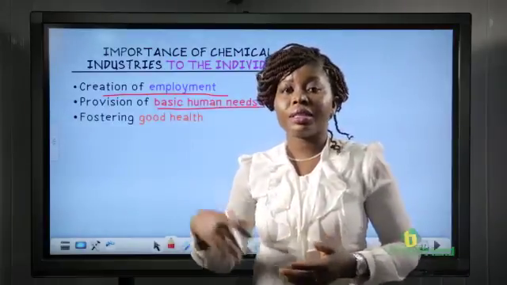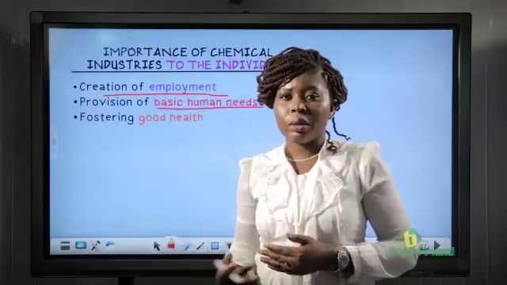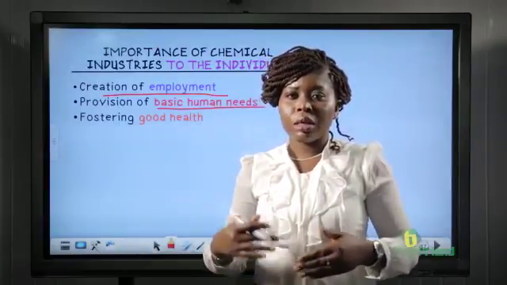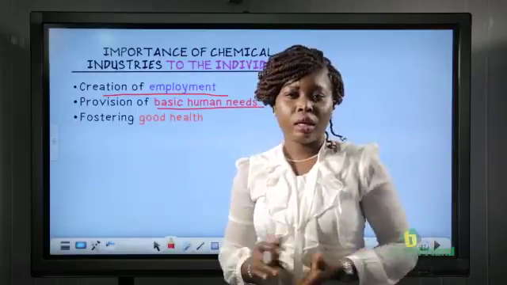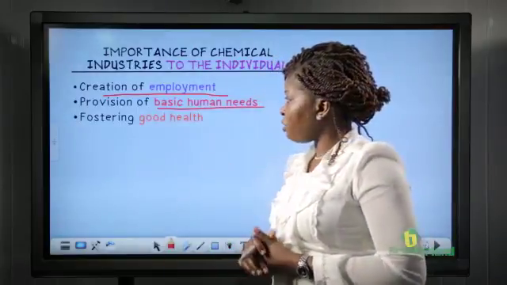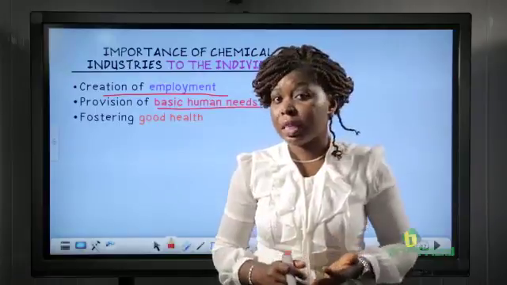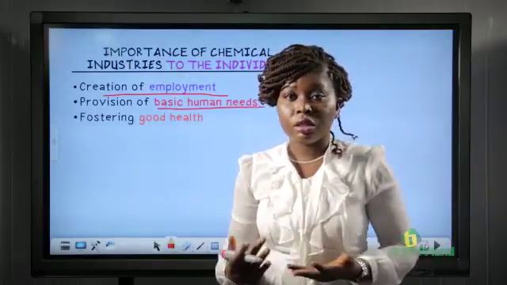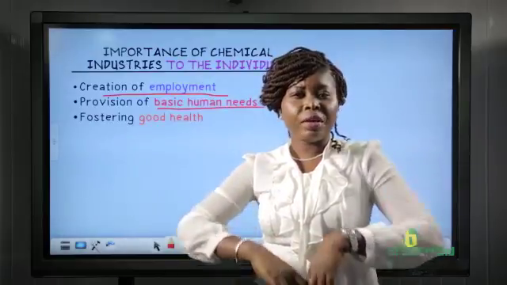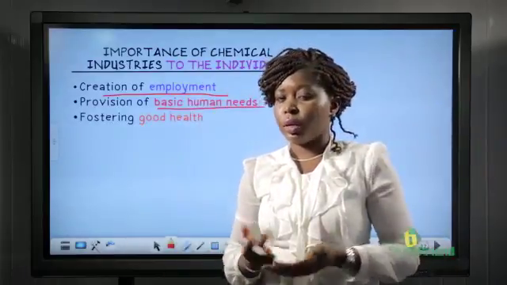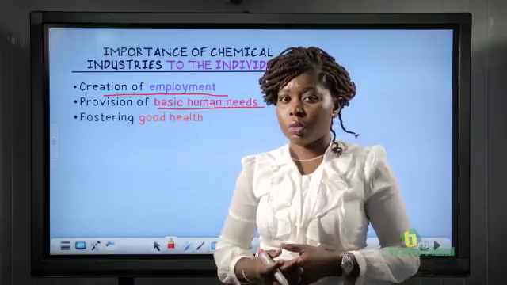For our clothing, we have the textile industries, making sure that they produce materials that we can wear in different weather conditions. We also have the cement, plastic, and ceramic industries, providing us with varieties of materials that we can use to build our homes.